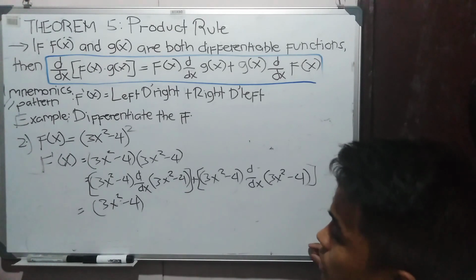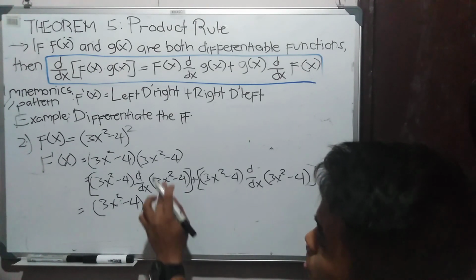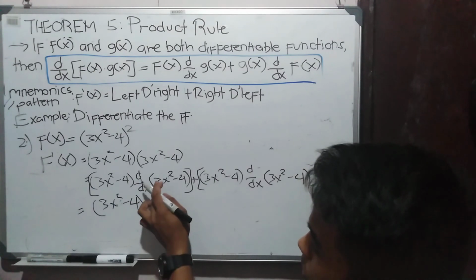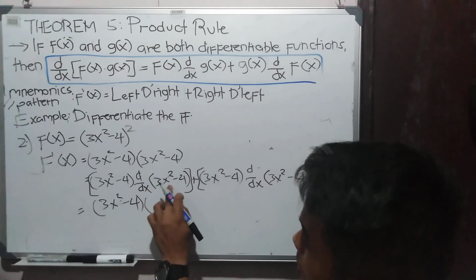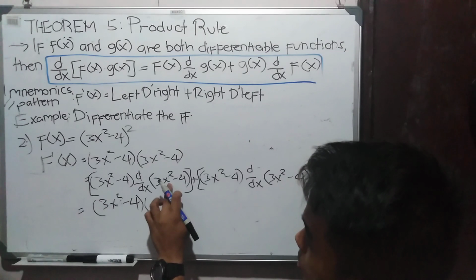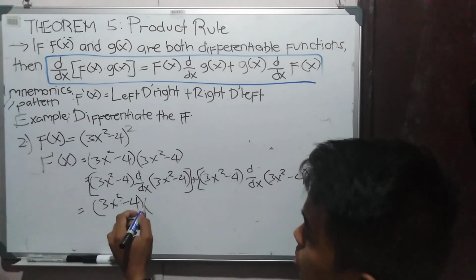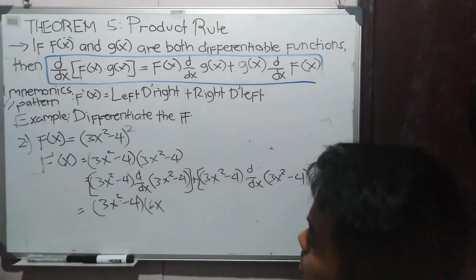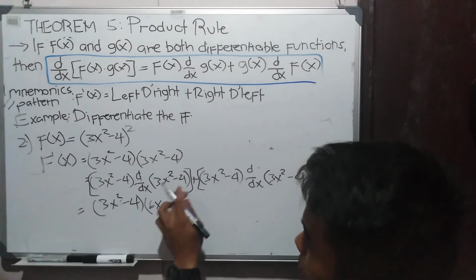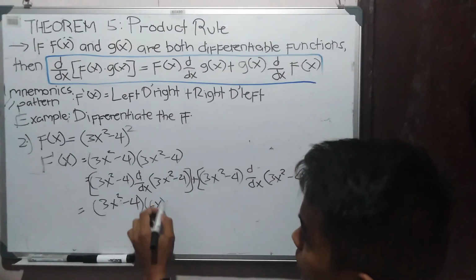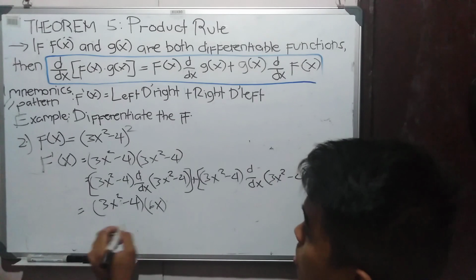So, again, applying the constant multiple rule. So, we have, ibaba lang natin si 2, multiply natin kay 3, so that will be 6. Then, minus tayo ng 1 kay 2. Okay, so we have 6x. Then, minus 4. So, again, the derivative of constant is always 0. So, matitira na lang ay 6x.